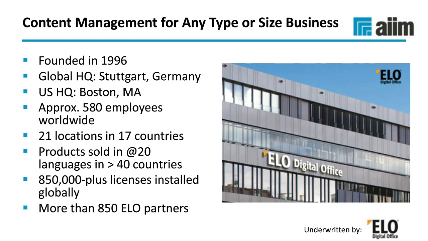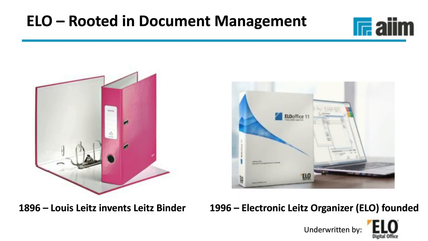Now, not to be confused with the Electric Light Orchestra, I want to tell you what ELO stands for. In 1896, a German inventor, Louis Leitz, invented the line finder to help organize his ever-increasing and disorganized paperwork. This binder, which is undoubtedly familiar to many of you, can still be found today in some office settings.